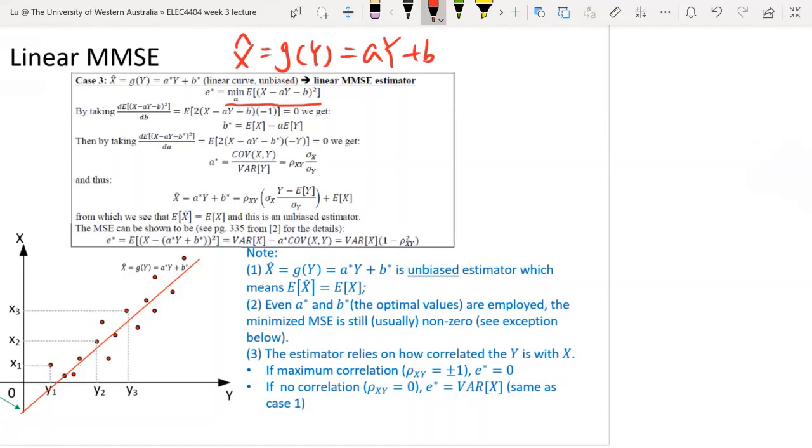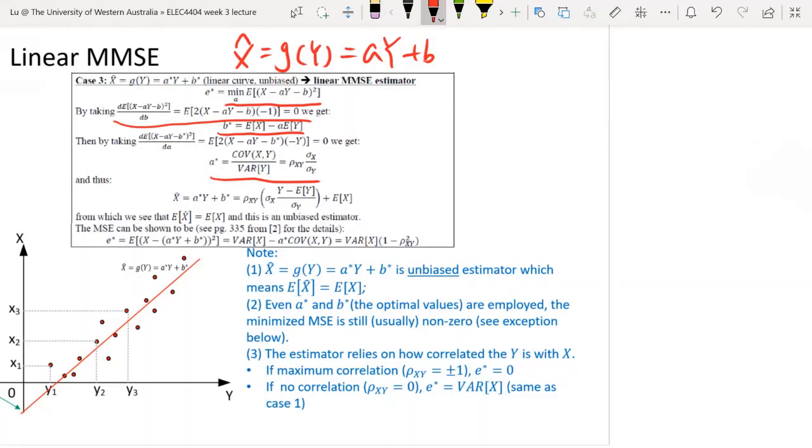So the derivative of this mean square error is supposed to be 0. By using this idea, we can evaluate the b value. And doing the same procedure, we are able to determine the a value. This b value and a value, which minimize the mean square error, are called the optimized b and a values. After you finish these two steps, the best values a star and b star have been determined.